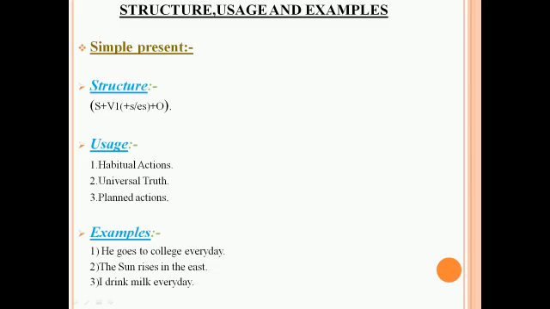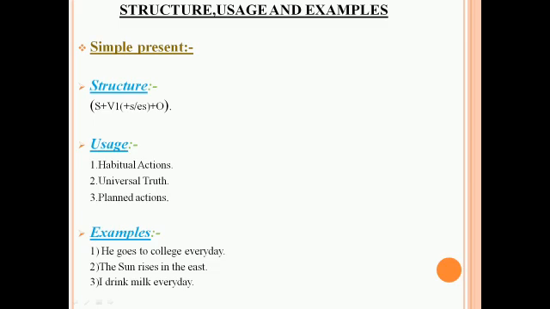That is, when the subject is he, she or it, we use V1 plus S or ES in simple present tense. V1 means present form of verb. We use simple present tense to express habitual actions, universal truth, and for planned future actions.